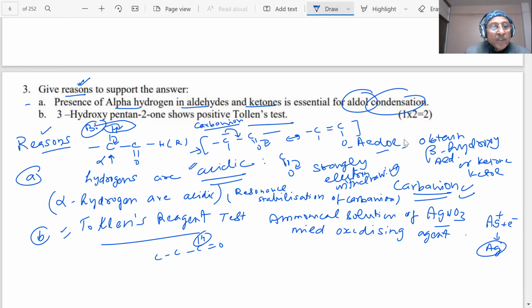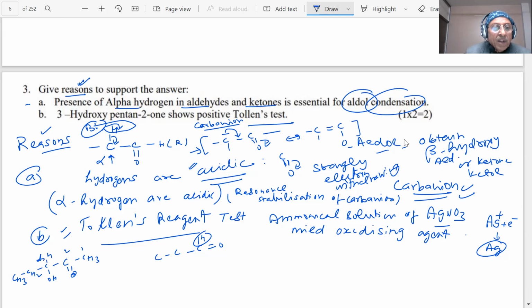What do you mean by 3-hydroxypentan-2-one? If I write 1, 2, this is the 3-hydroxy, 1, 2, 3, 4 and 5, students. Now what happens here, student? Because this carbonyl group is there, these hydrogens are going to be acidic because this is an alpha carbon.